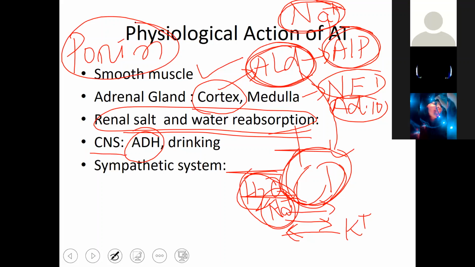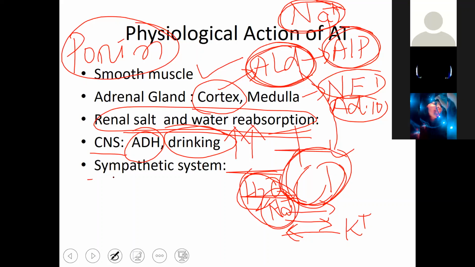At the same time, it stimulates the thirst center in the brain, and there is increased drinking behavior. So overall there is water and salt retention in the body. Circulatory volume will increase and that will cause increased preload.